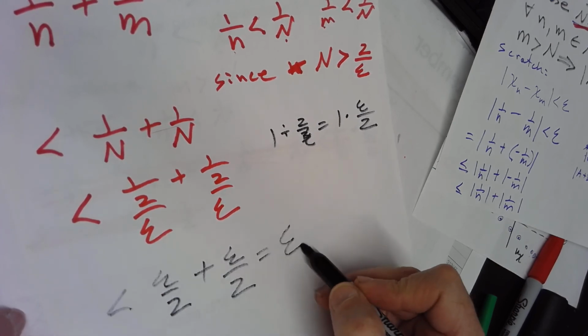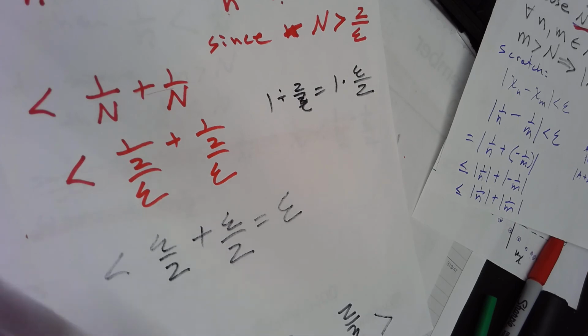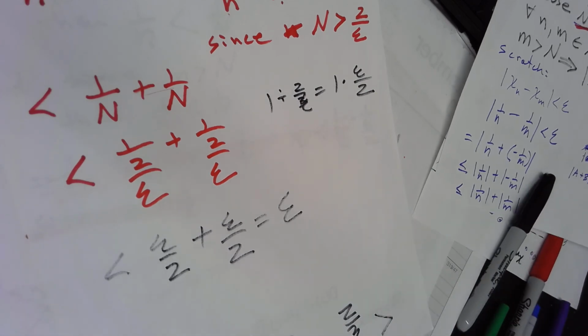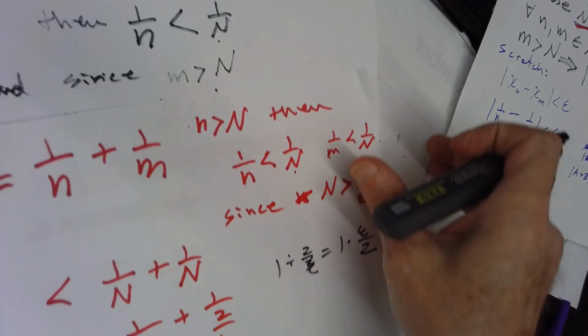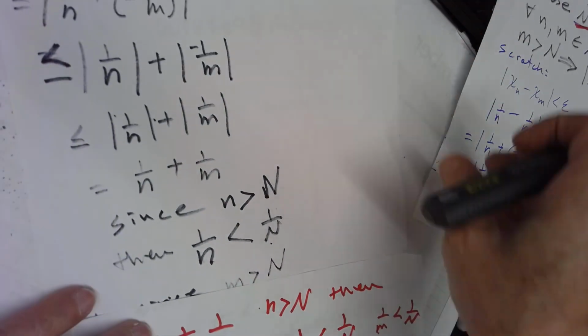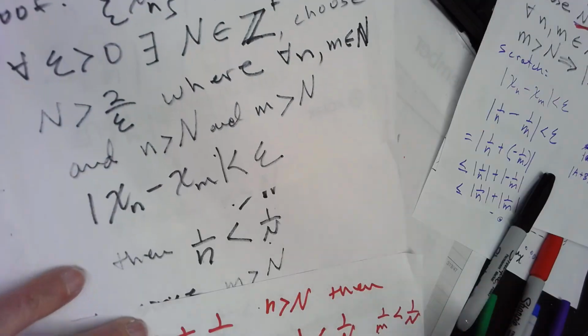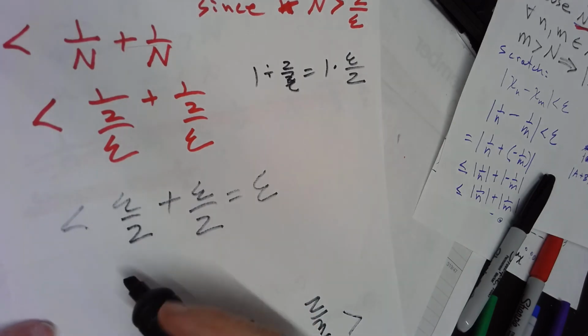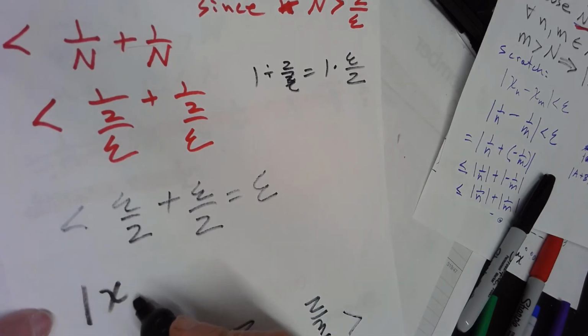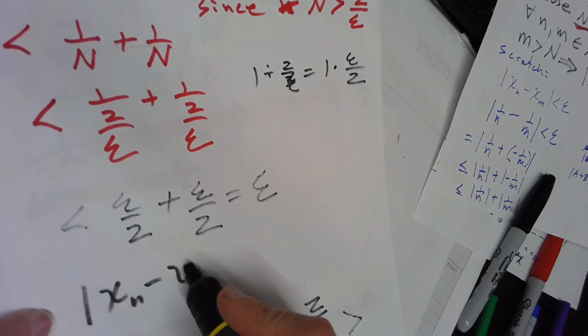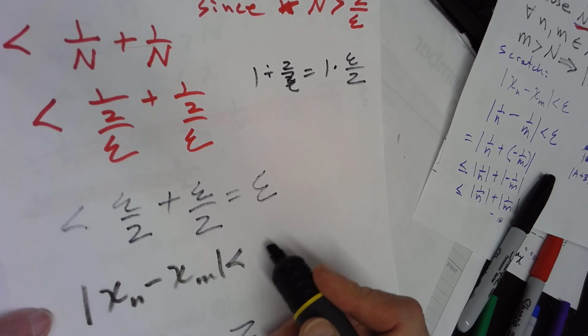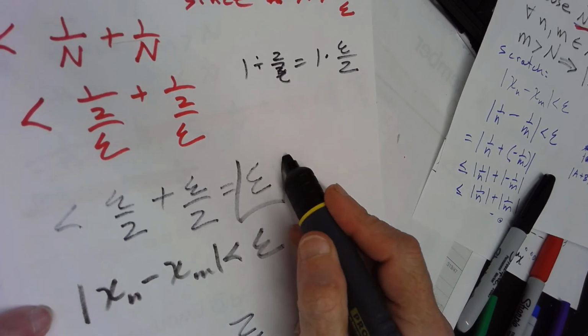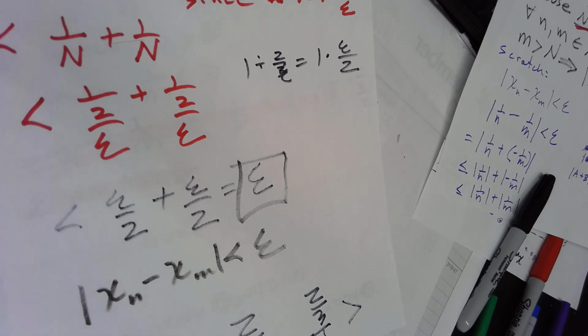So all that equals epsilon. And so we're saying here that all this, all the way back, goes all the way back to here. We're saying that the absolute value of x sub n minus x sub m is less than epsilon, and we've proven it. And that's our video.